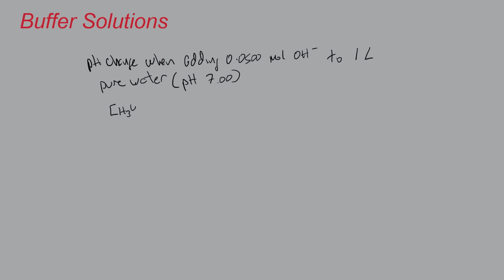So we can quickly calculate the hydronium concentration by using the autoionization of water expression. That's just going to be equal to Kw divided by the hydroxide concentration that we know. And that's 1 times 10 to the negative 14 divided by this 0.0500 molar, which gives us a hydronium concentration of about 2 times 10 to the negative 13 molar.